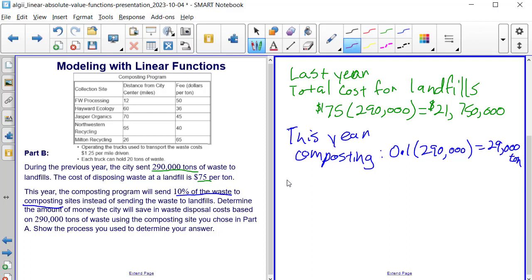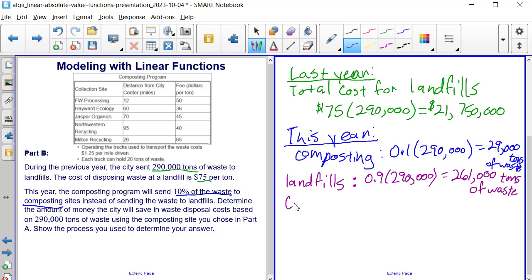This will also make the remaining amount being sent to landfills be, you can either do 9/10 times 290,000, or you could subtract 29,000 from 290,000, and you'll get the same answer here, which is 261,000 tons of waste is being sent to landfills.